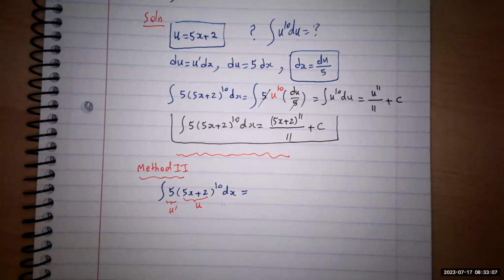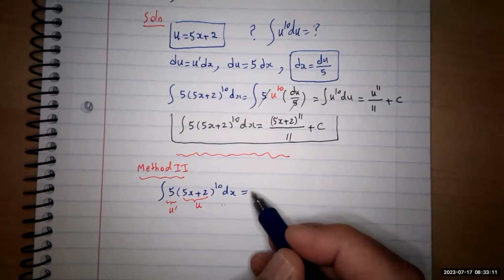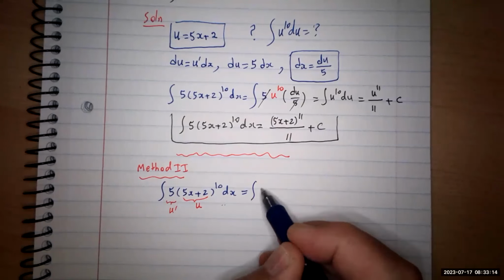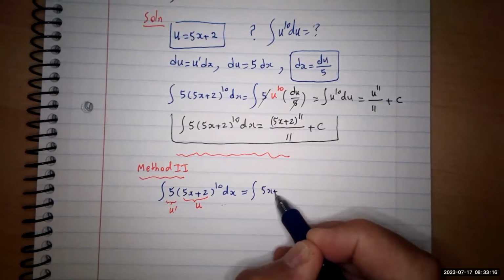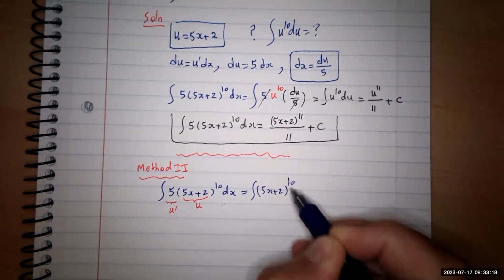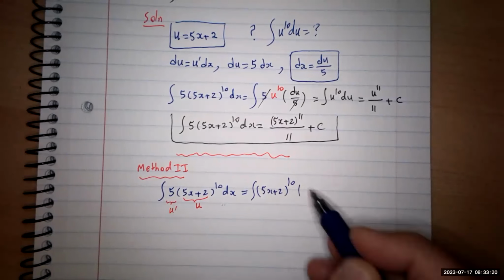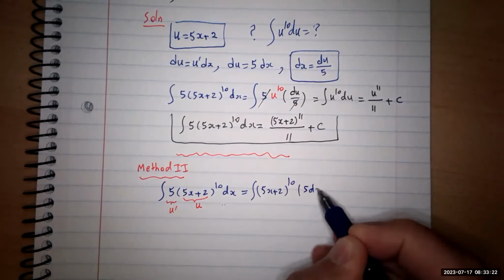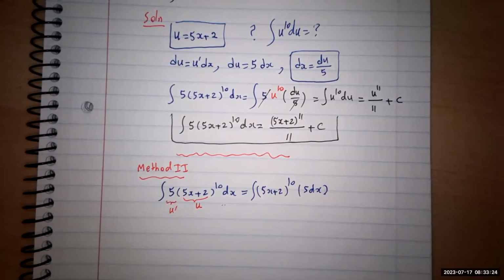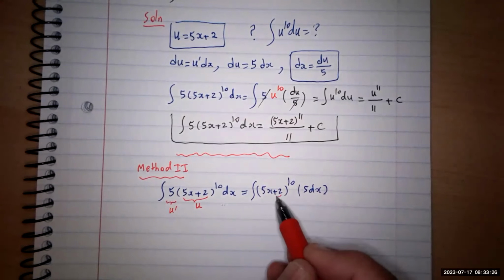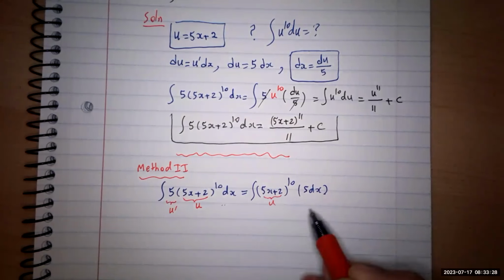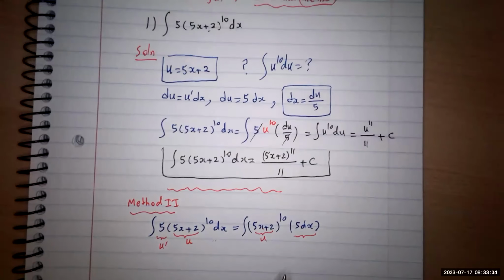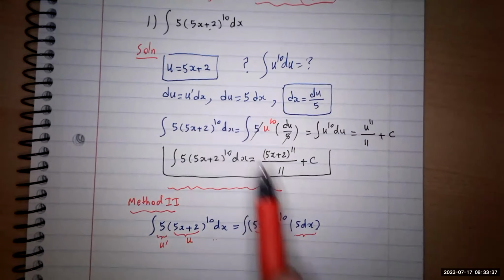So what I'm going to do is put the u prime and the dx together. I rewrite it, and this is going to be 5x plus 2 to the 10. Then I put the 5 and the dx together. Remember, this is u. What is this one? This is u prime, 5 times dx. Look at this one, 5 times dx is simply du.